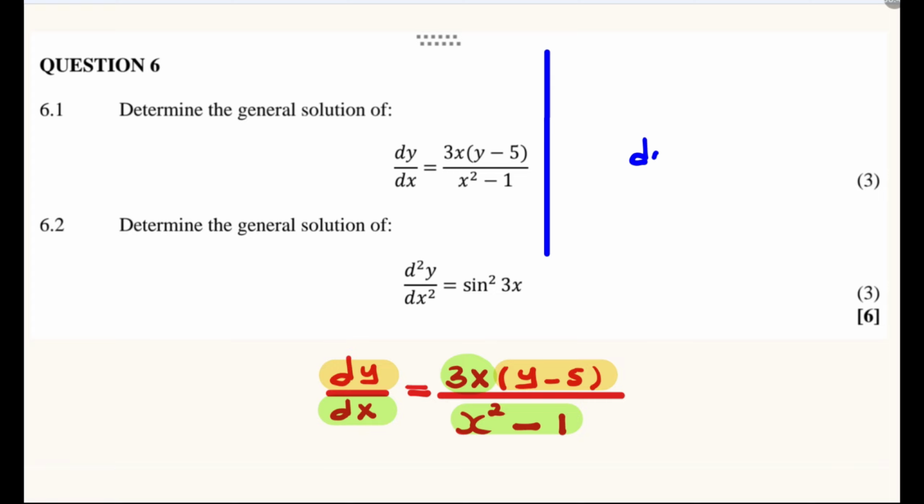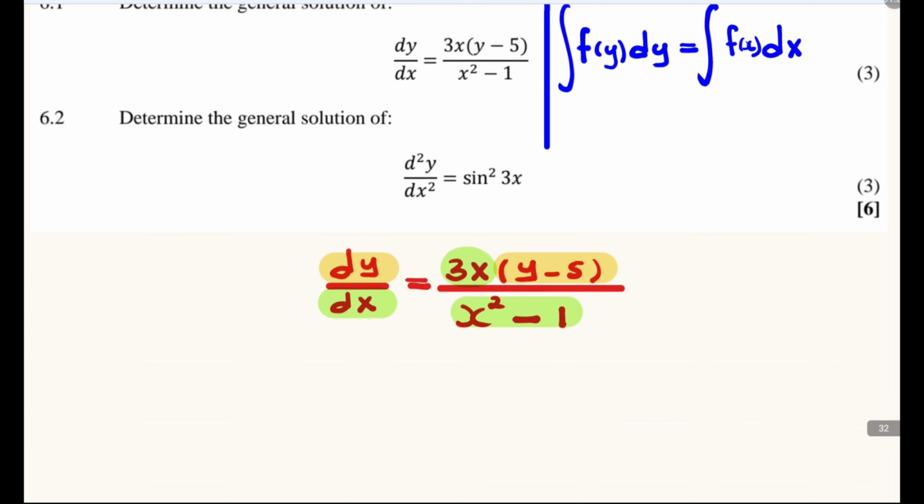So on the left hand side we are going to have the dy grouped with the functions of y, and on the right hand side we are going to have the dx grouped with all the functions of x. After that, we introduce the integral both sides and we integrate both sides.